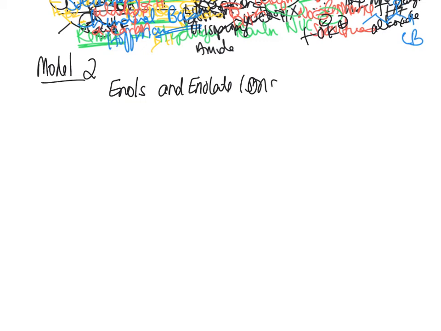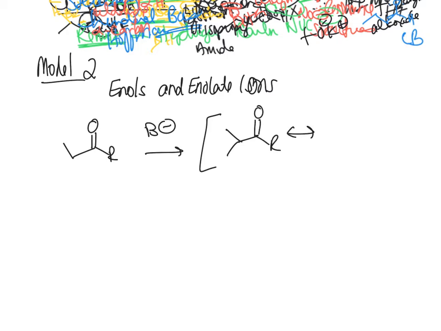And then you all do your problems in your Sapling. So Model 2, enols and enolate ions. At this time you can try to work your problems and your questions as I draw out Model 2.